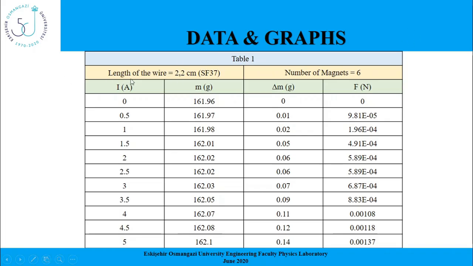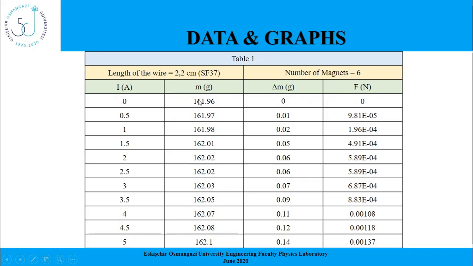Firstly, we should have picked a current circuit, and we should record the length of the wire, which is 2.2 centimeters, and we have current values here, and the mass value that we read on the scale will be recorded in here.